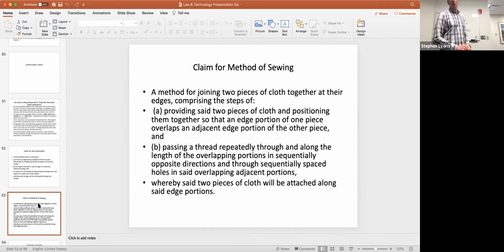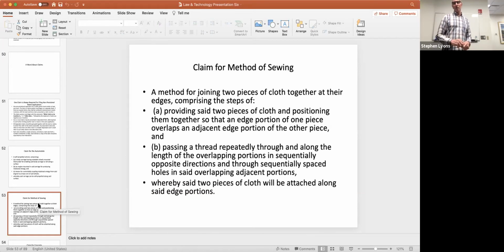Here's a claim for the method of sewing. Again, plain, straightforward language. A method for joining two pieces of cloth together at their edges, comprising several steps. One, providing said two pieces of cloth and positioning them together so that an edge portion of one piece overhangs an adjacent edge portion of another piece.